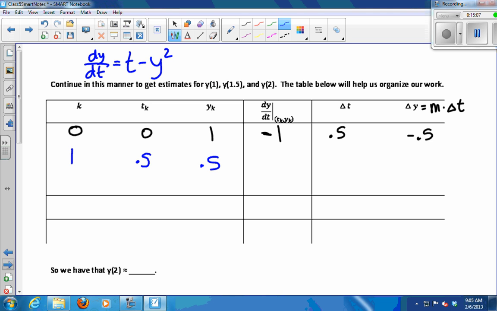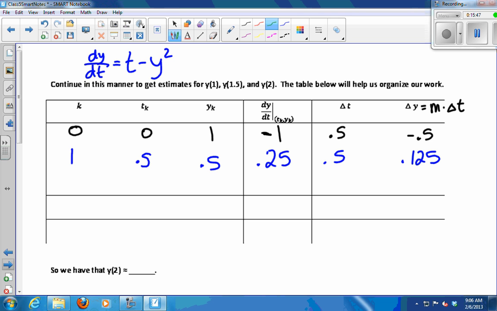So what's my new slope at 0.5, 0.5? 0.25. So yes, 0.5 minus 0.25 is 0.25. Then delta t, we're going to continue using a step size of 0.5. So this is always a constant, and you choose it. Delta t is something you choose, or you're told in the problem. And then we calculate delta y by doing slope times delta t. 0.25 times 0.5, 0.125 is my delta y.